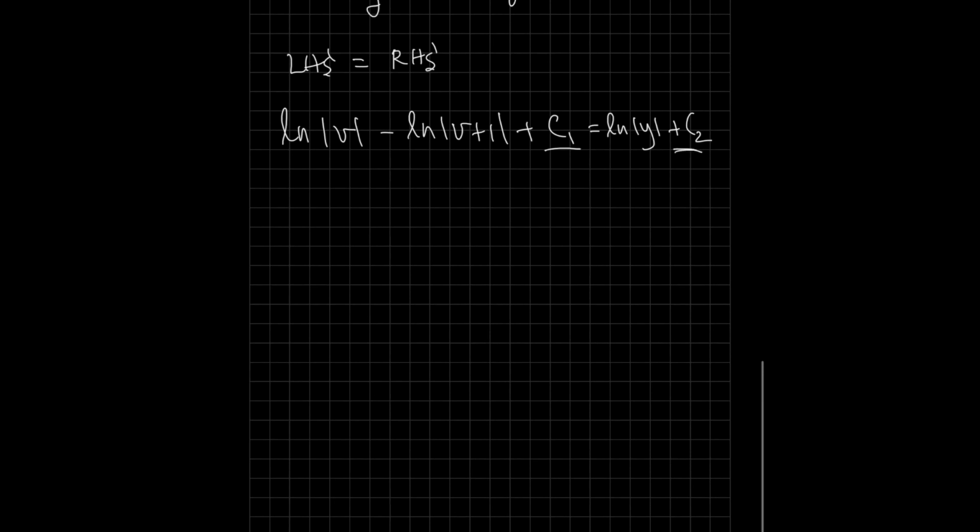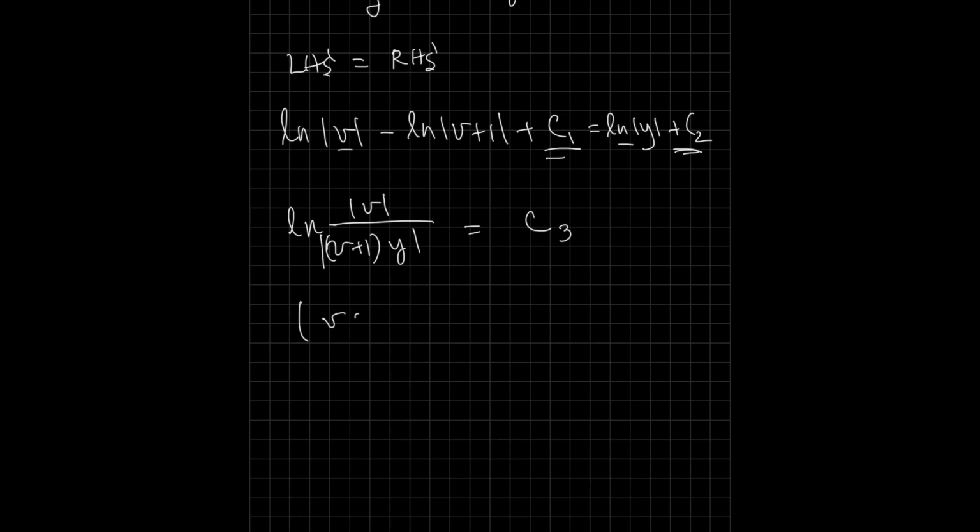Then you can collapse the constants together, and we can also join the logarithms together. What we get is ln of v over v plus 1, times y, equals some constant, let's call that c3.